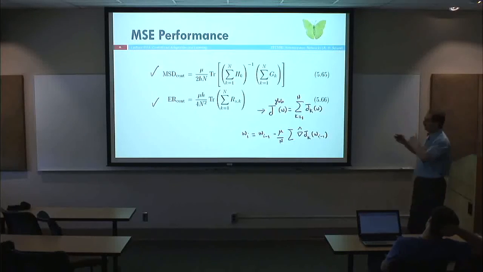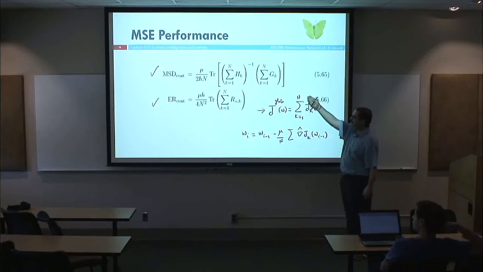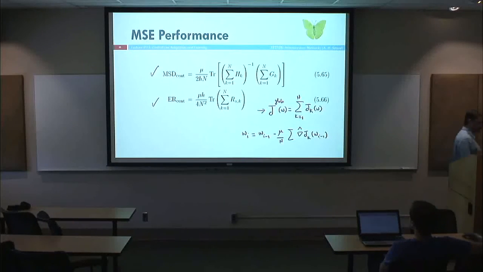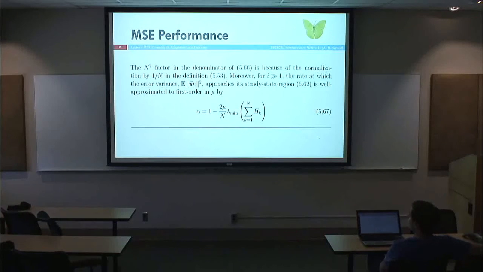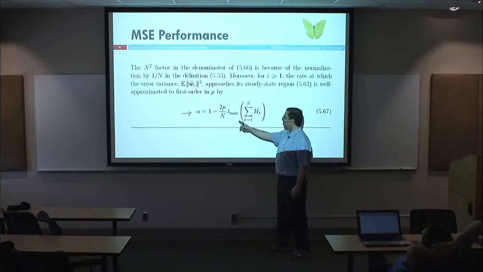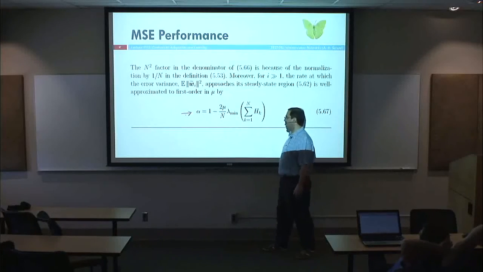Then I showed you what the performance results are in terms of the individual Hessian matrices and the individual gradient noise covariances. Very good. And the convergence rate is given by, this is again the same expression, a first order approximation, first order in mu, of the convergence rate.